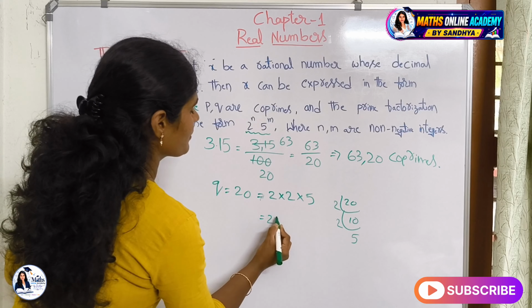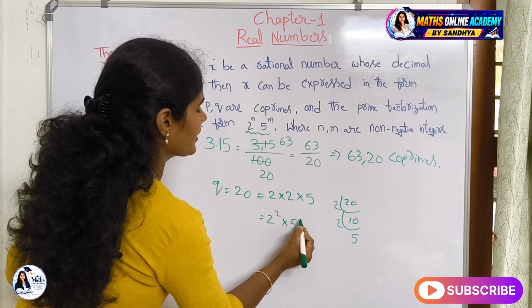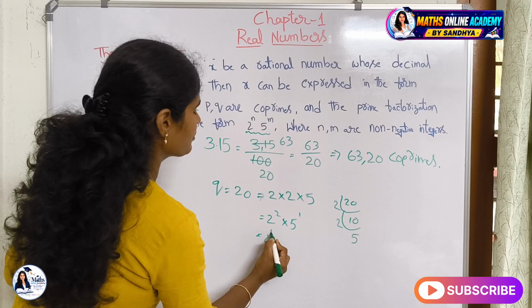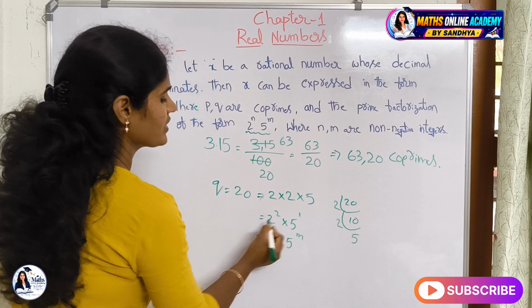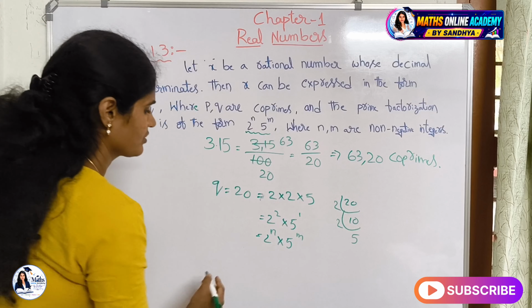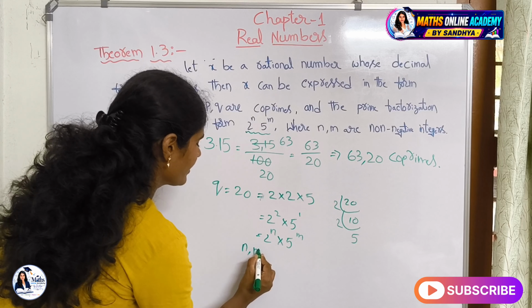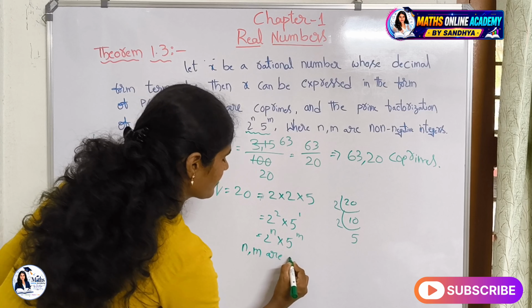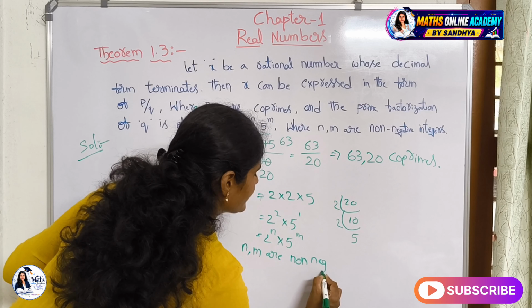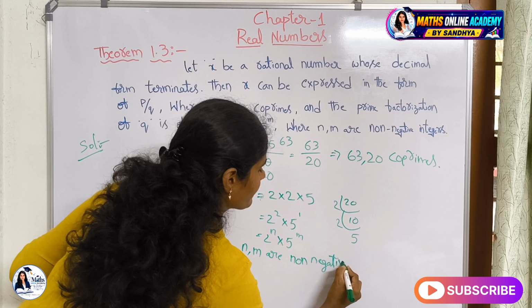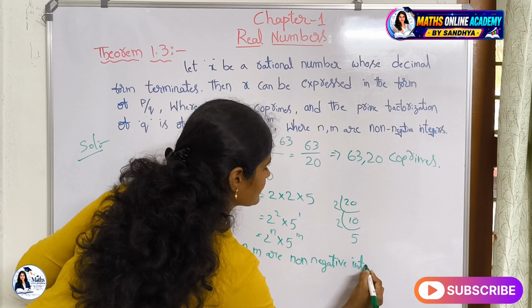So 2 power 2 into 5 power 1. This is similar to 2 power n into 5 power m. Here these are positive integers. So n comma m are non-negative integers.